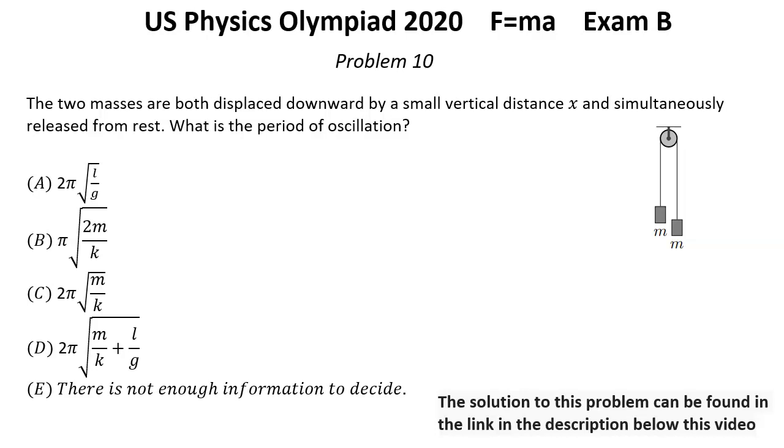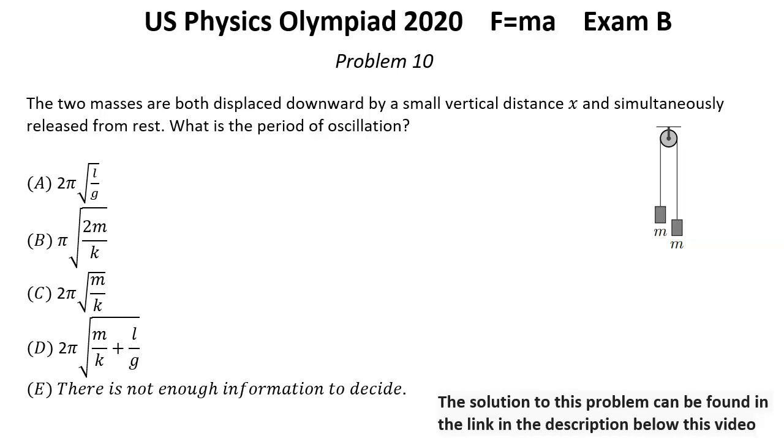Gravity does not affect the oscillation frequency because it was compensated by the initial stretch of the string. Now when both masses oscillate, the midpoint of the string is not moving. It means that we can think about this oscillation as a simultaneous oscillation of two masses relative to this midpoint.